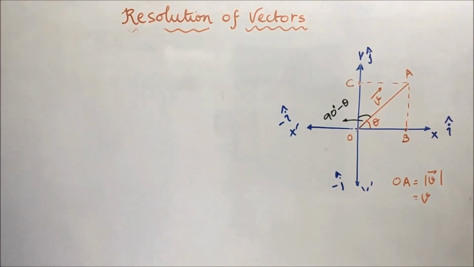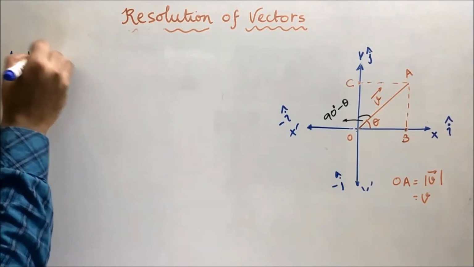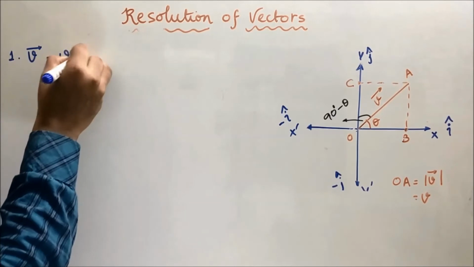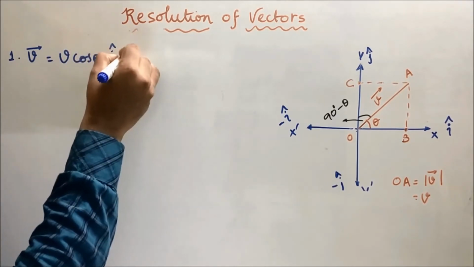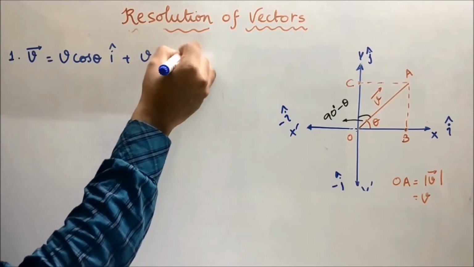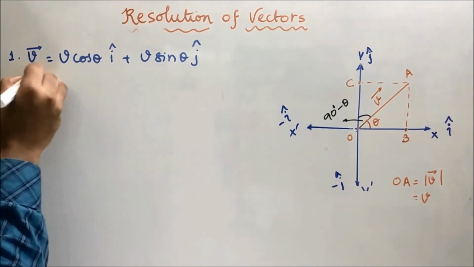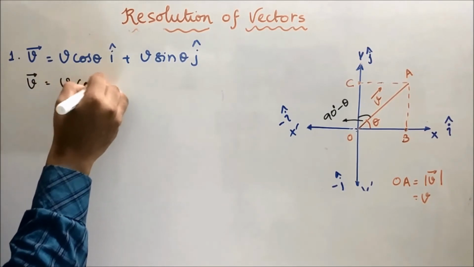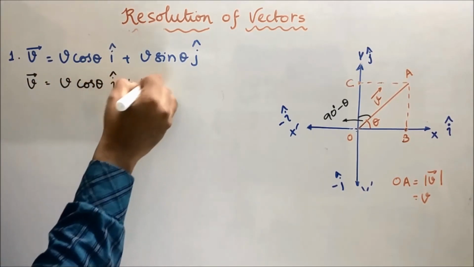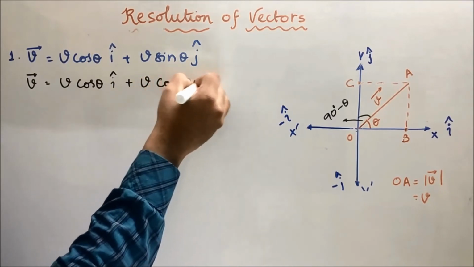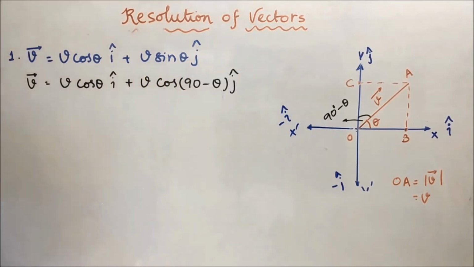If we have a vector v which makes an angle theta with the x-axis, then vector v can be written as v cos theta i cap plus v sin theta j cap. If you want to write both terms in cos, then this will become v cos theta i cap plus v cos of 90 minus theta j cap. Now 90 minus theta is this angle.